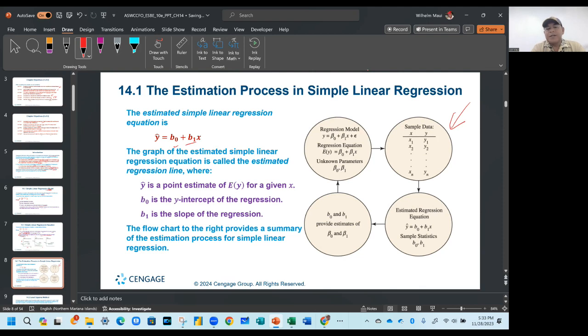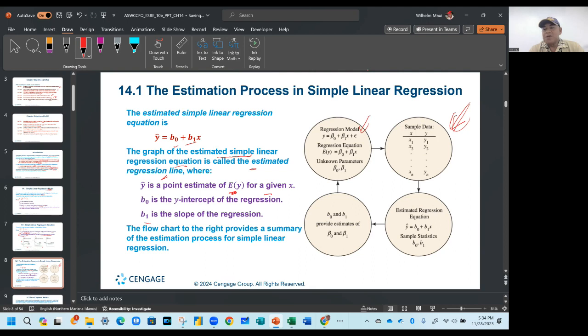The graph of the estimated simple linear regression equation is called the estimated regression line. Your estimated y is a point estimate of the expected value of y for a given x, where b0 is the intercept and b1 is the slope. This model encapsulates what we've tried to describe so far. So your model specification for a linear model takes that form.